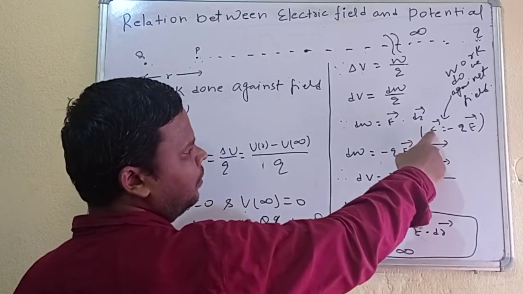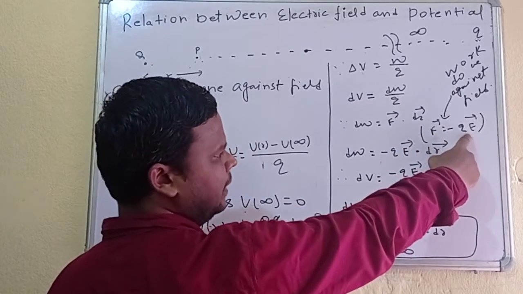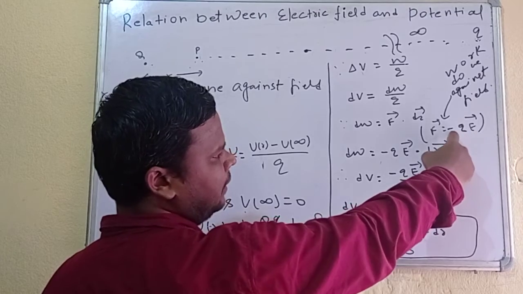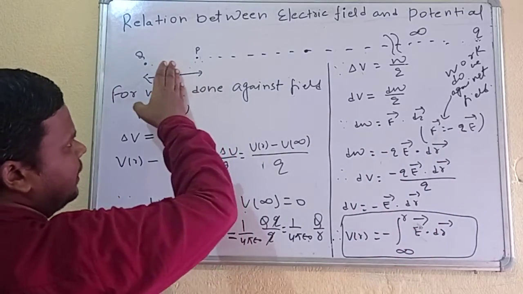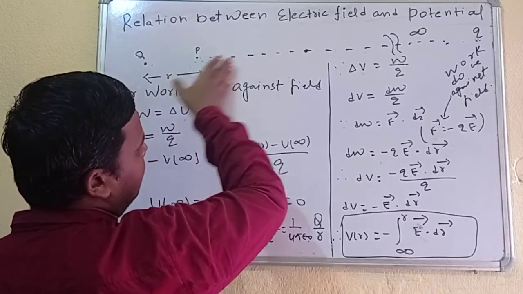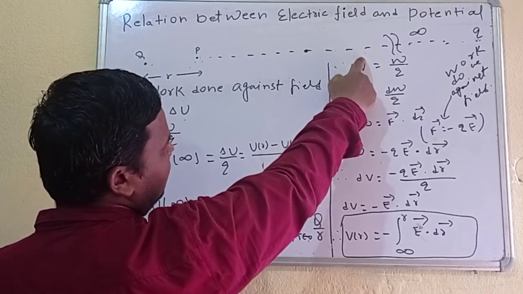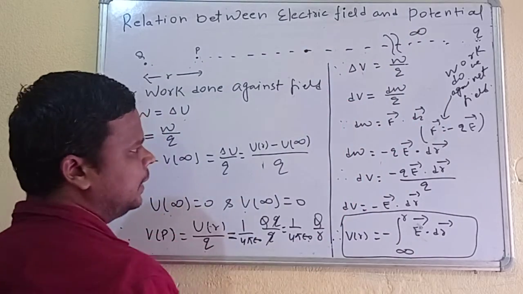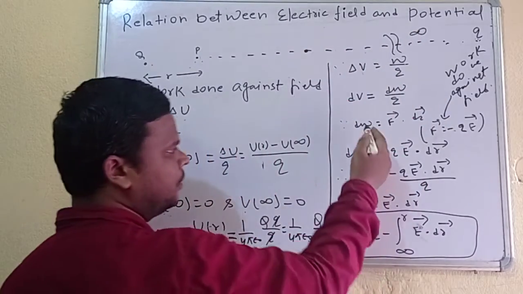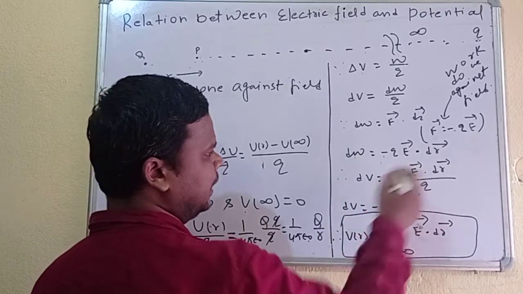So force can be written as charge times electric field, but there should be a minus sign, because the direction of the electric field is in this direction, and an agent's work is against this direction. That's why a minus sign here. So dW can be written as minus qE dot dr.